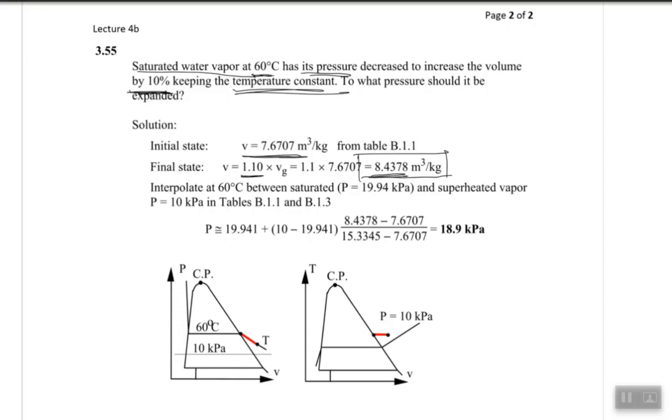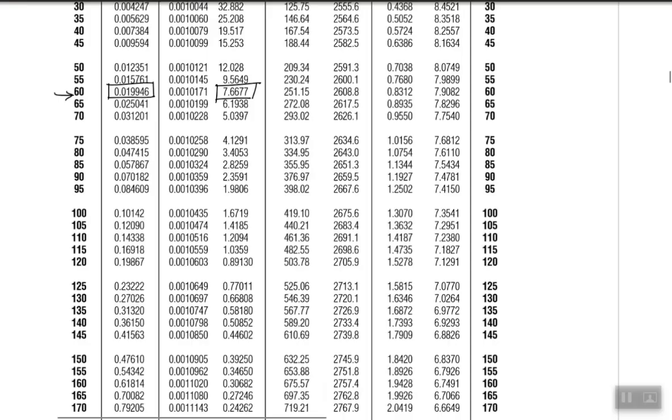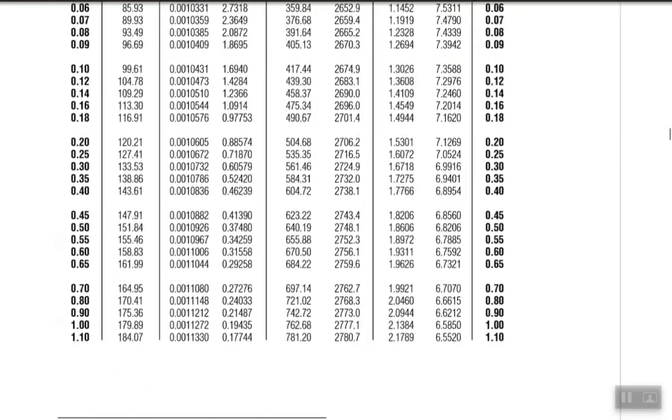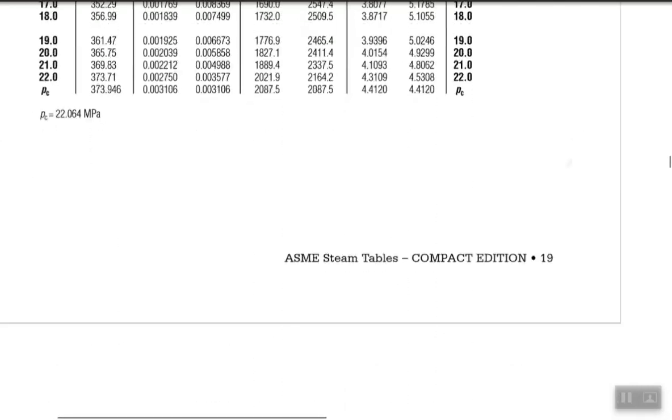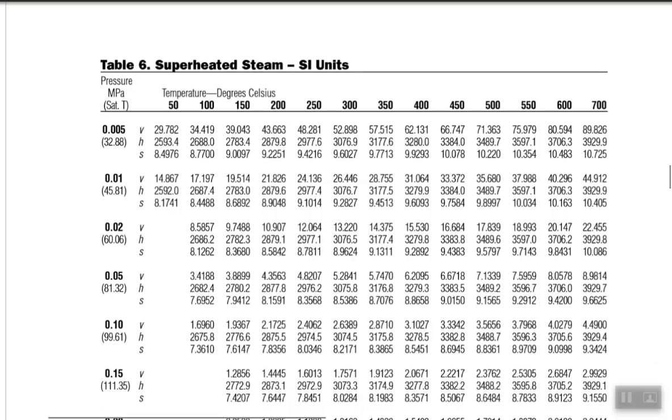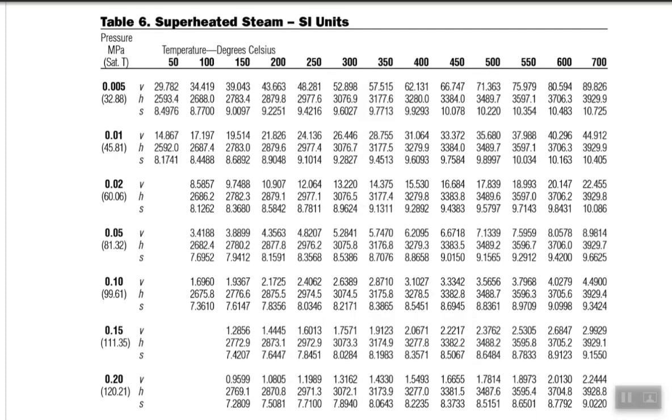If you look at the steam table, it will be very difficult to find a temperature equal to 60 degrees centigrade. So let's take a different point of view: rather than looking at the temperature, we should look at the pressure now.